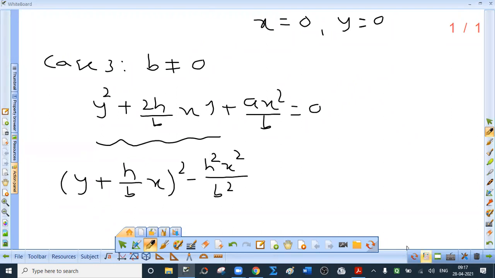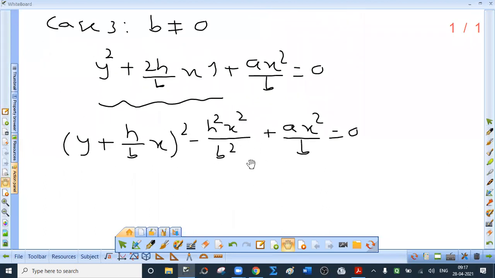So have I written the same thing? Yes, I have. There is one more term, plus ax square upon b. I have to write that also. So it is important that we are writing the same thing. We can write the given equation in a different form, but we cannot write an altogether different thing.